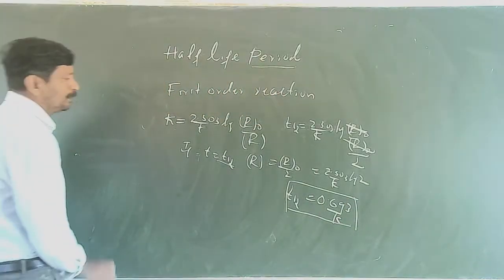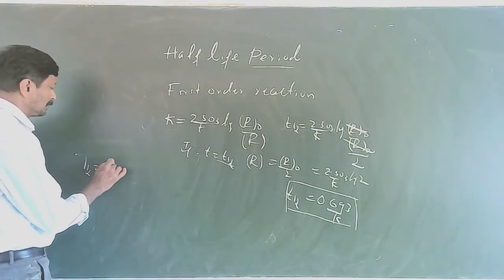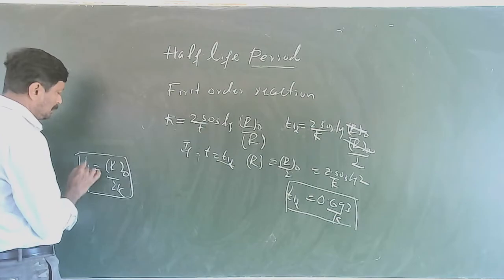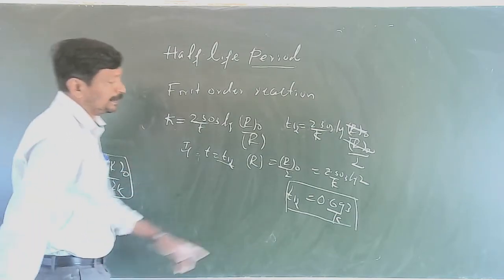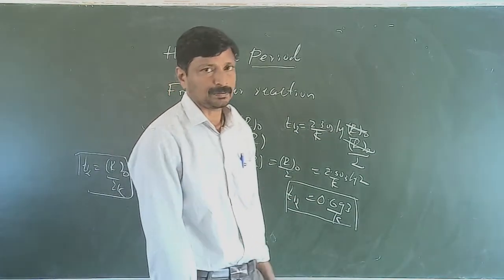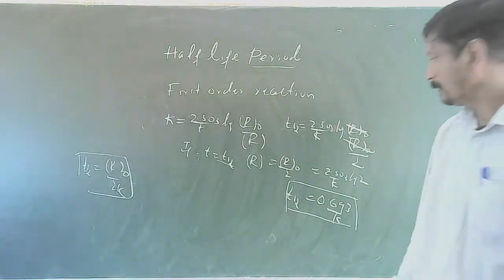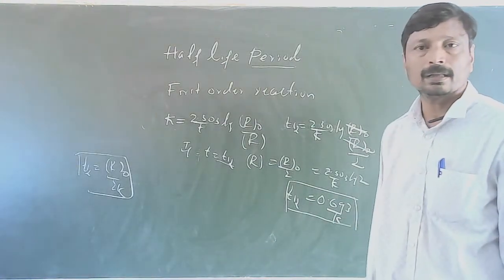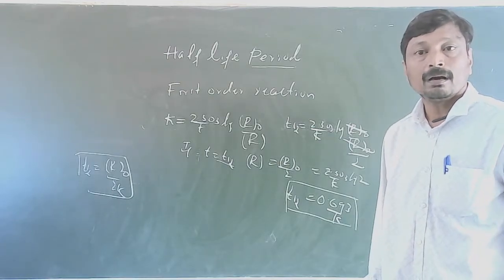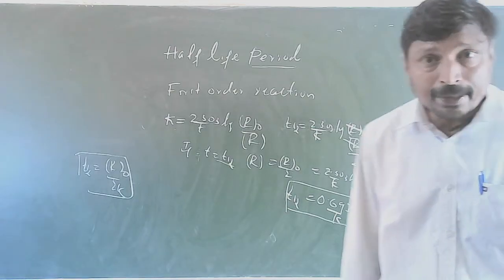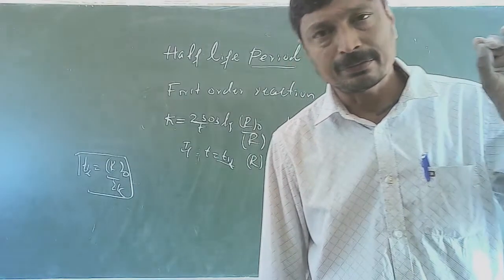For zero order, T half is equal to R naught divided by 2K. For first order reaction, look at this half-life period expression. There is no concentration term in it. What does that mean? Half-life period of the first order reaction is independent of initial concentration.